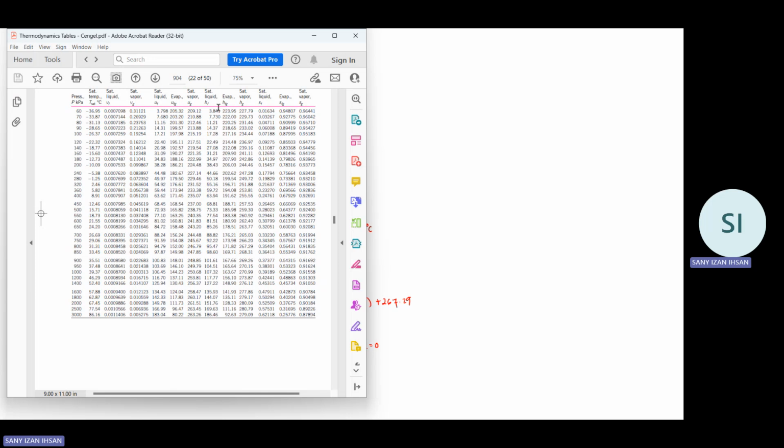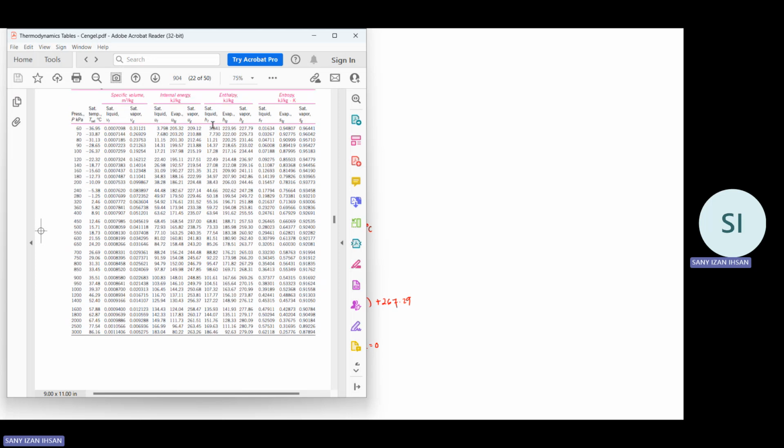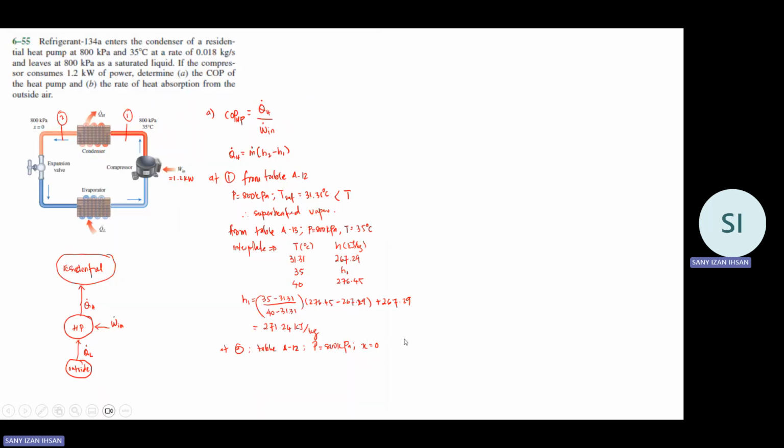We are interested in finding the saturated liquid, so it is just hf. We do not need to interpolate, because X equals 0. So H2 equals hf because of the saturated liquid condition, and from the table it is 95.47 kilojoule per kilogram. That will be your value.